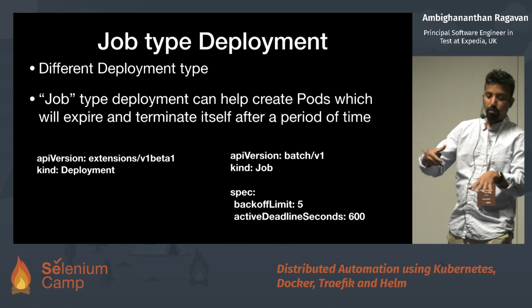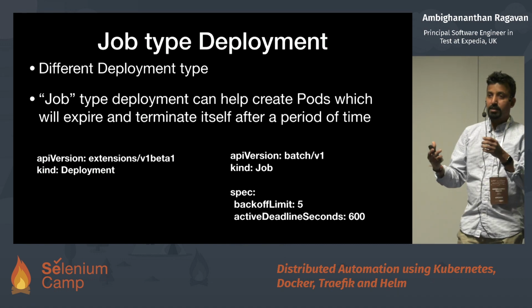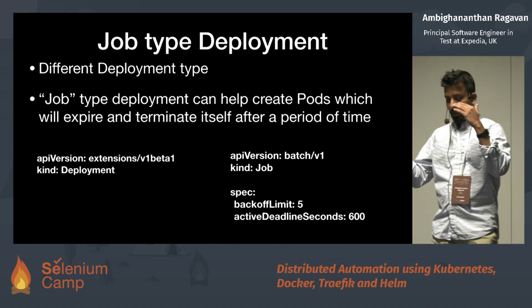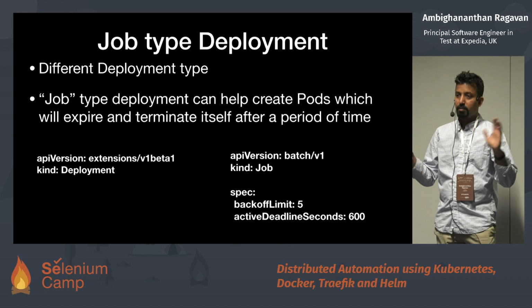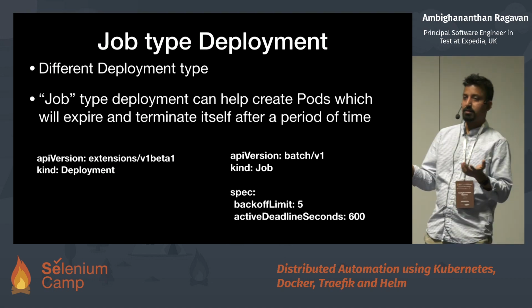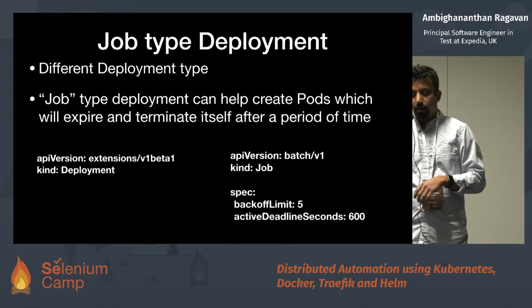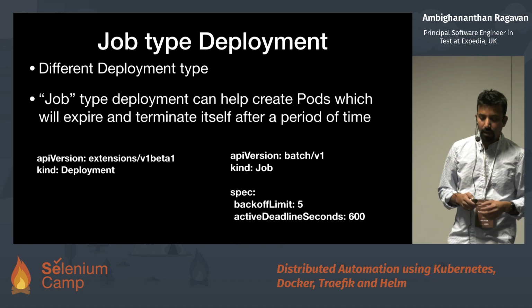If your job deployment type is that much time, then you can say, hey, after 3 minutes or 5 minutes, just destroy the whole stuff automatically. You don't have to delete and purge the release and so on. It'll just go away on its own after the deadline. So this is good for batch processes and so on.